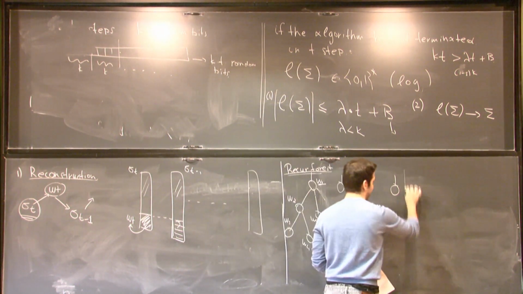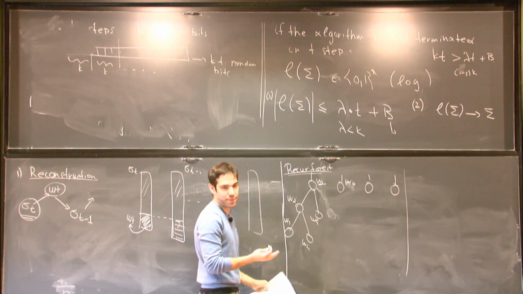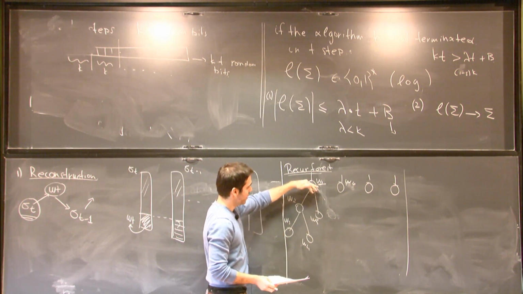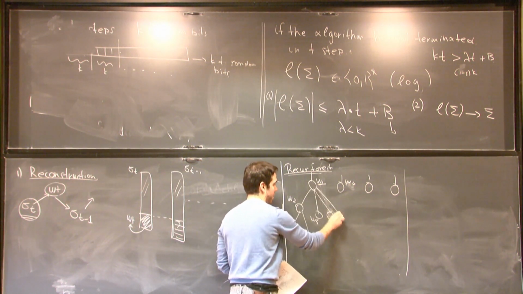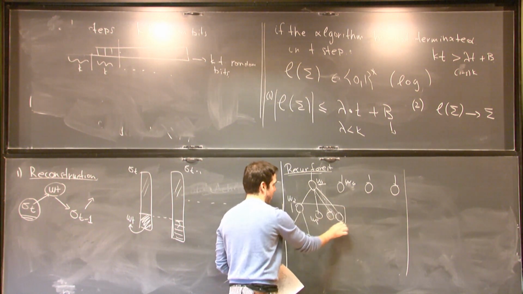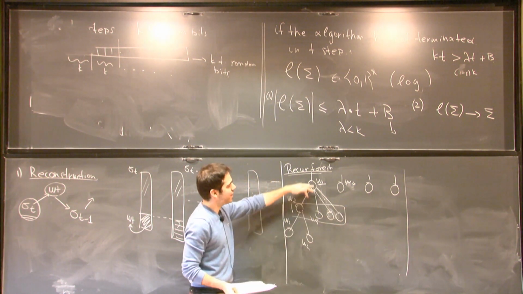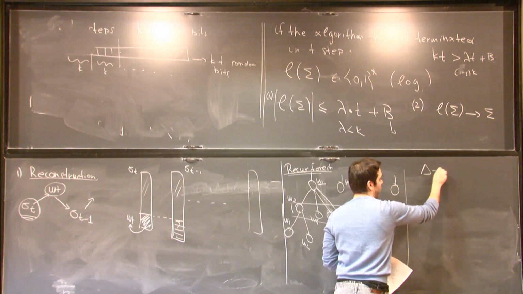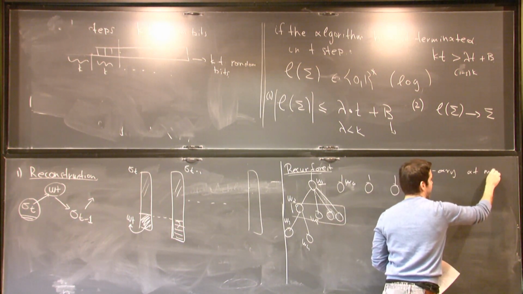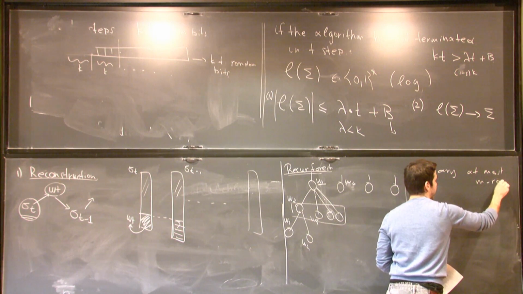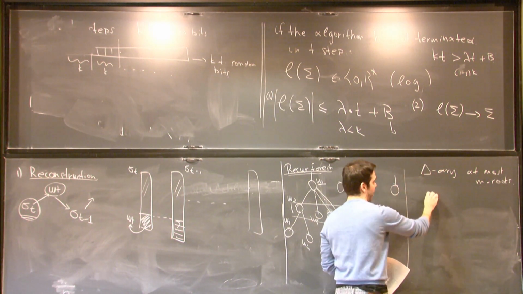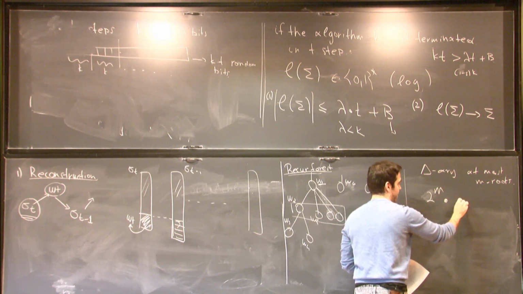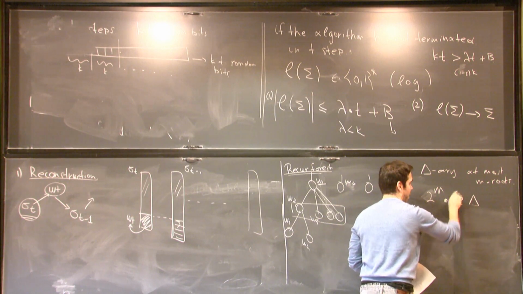So now I need to see how to encode the recursive forest. There is a way to map these things to delta forests with at most m roots, which would mean that the number of such forests is at most 2 to the m times (e times delta) to the power of t.